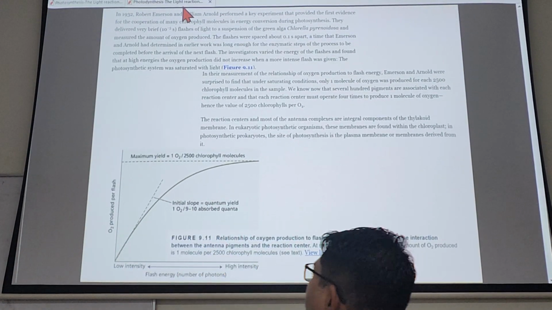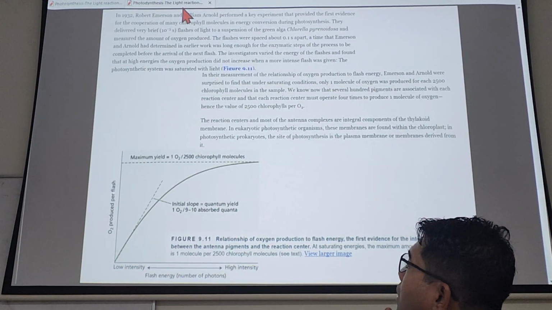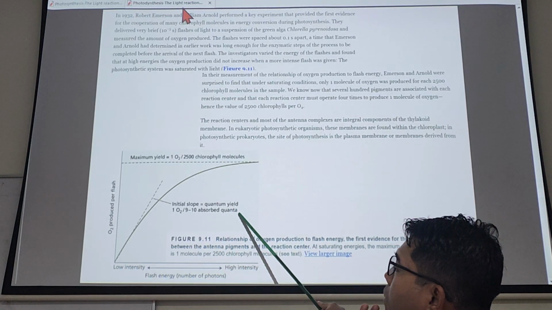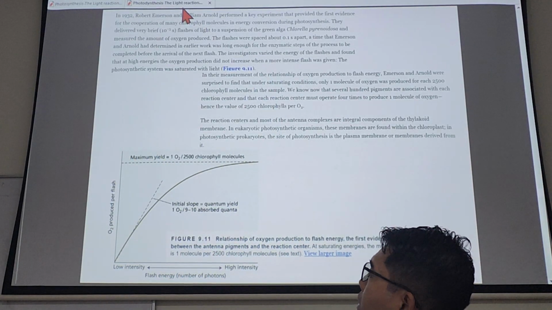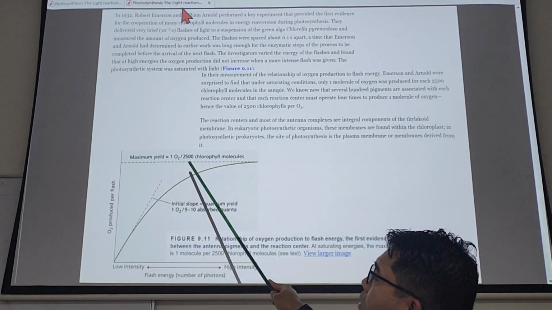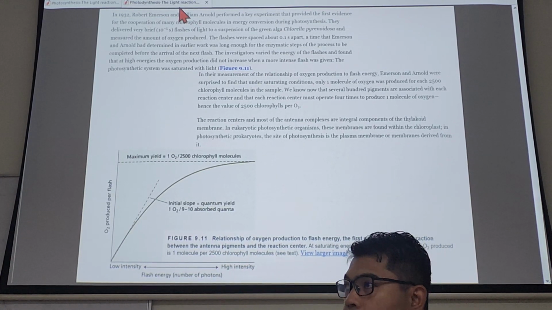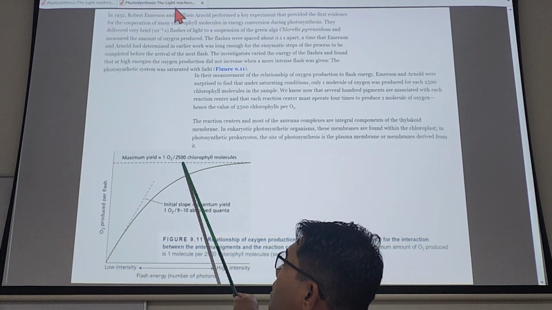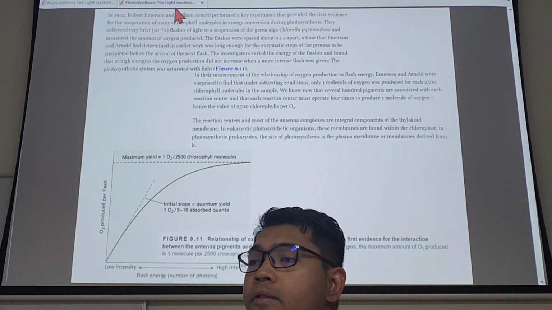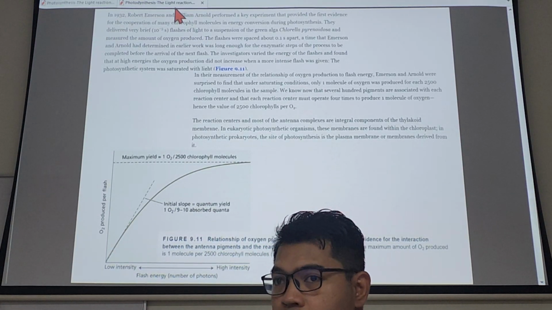Okay, right. So the maximum yield, as it is stated here, for one oxygen to be evolved or released, needs about 2,500 chlorophyll molecules.